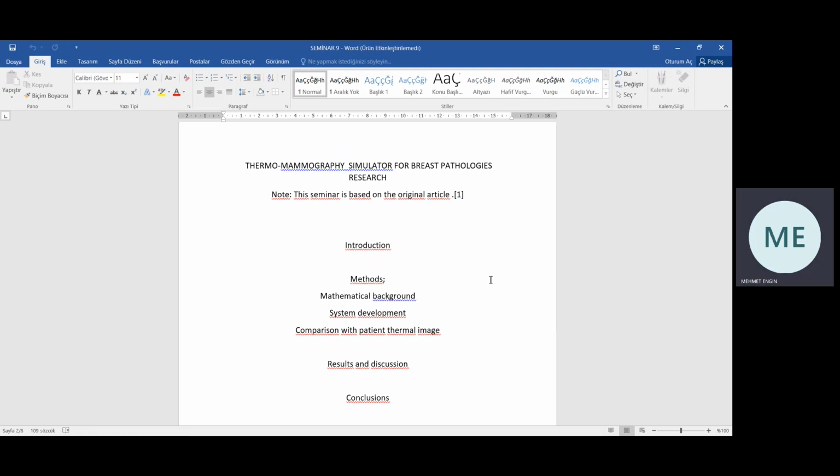For the model's geometry, a hemisphere with a diameter of 18 centimeters was used. The average breast size used is explained in the literature. This configuration is shown in figure 1.